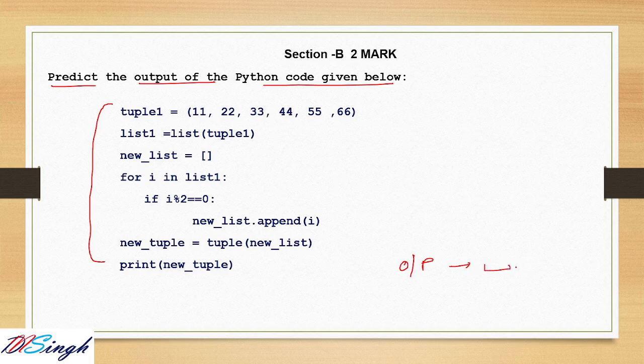If half of your output is correct, you will get 1 mark, like this. So you might not get the correct output as a whole, but some part of it might be correct, then also you will get some marks. So don't leave these types of questions, or any question. You have to write the answer for all the questions.